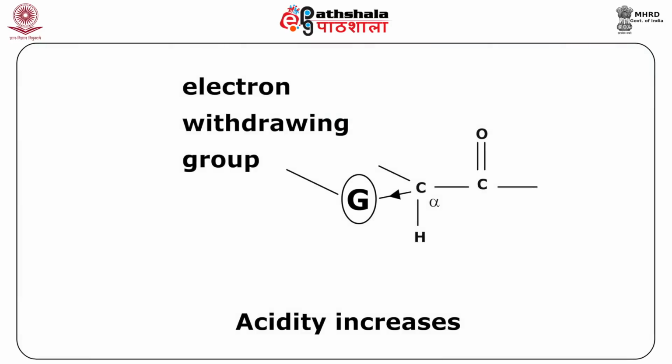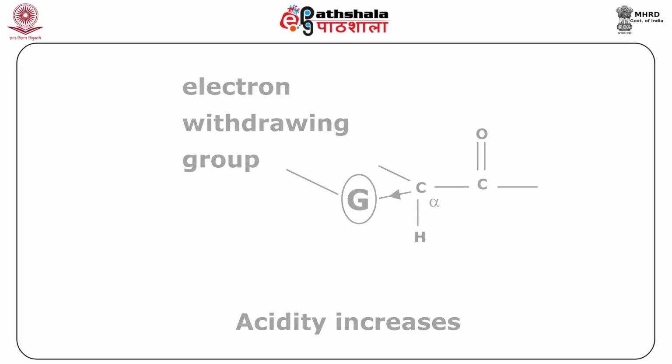So, you can see here that if this particular alpha carbon has an electron withdrawing group, obviously the electron withdrawing power of the alpha carbon is further enhanced and it will help in making this hydrogen even more acidic.